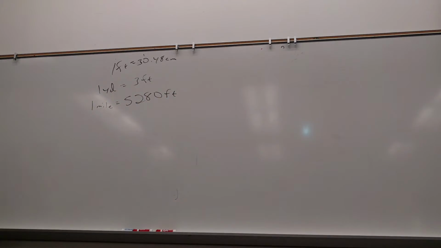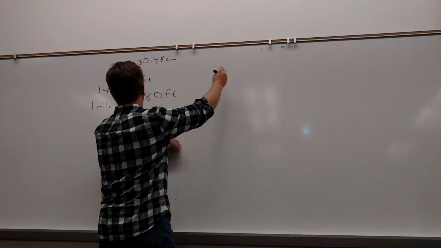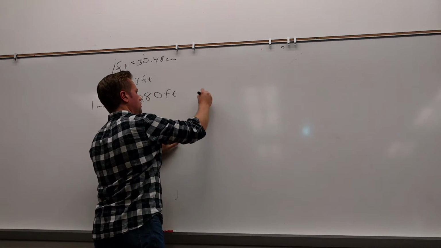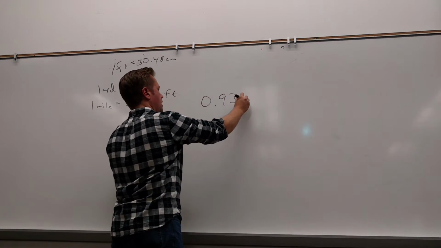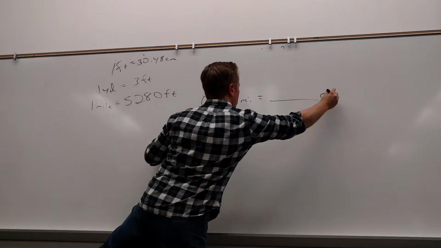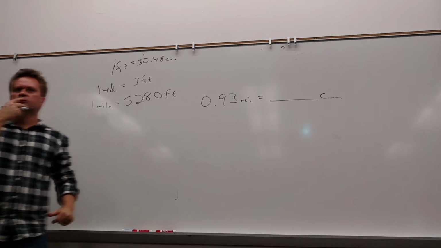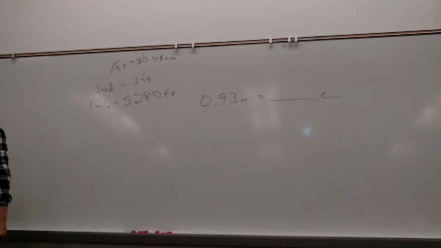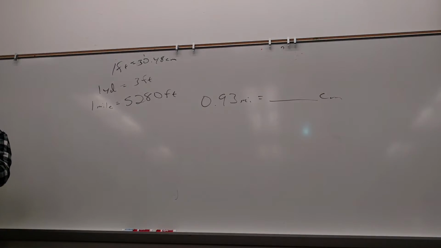And I think they have that in a box on the previous page. There it is. 1 mile is 5,280 feet. All right, so if I had to go 0.93 miles, how many centimeters would I have to go? Take a minute and try to figure that out.